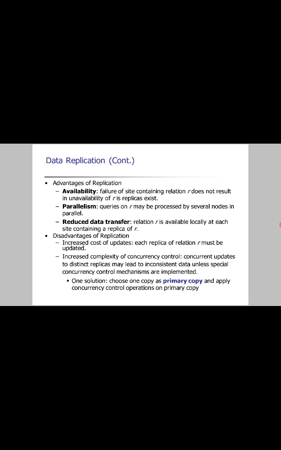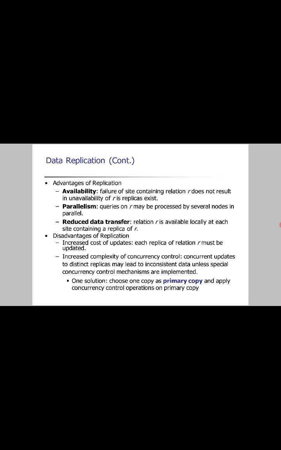And what are the disadvantages of replication? Increased cost of updates: each replica of relation R must be updated. Multiple updates must happen at multiple locations, so updates take some time and cost.